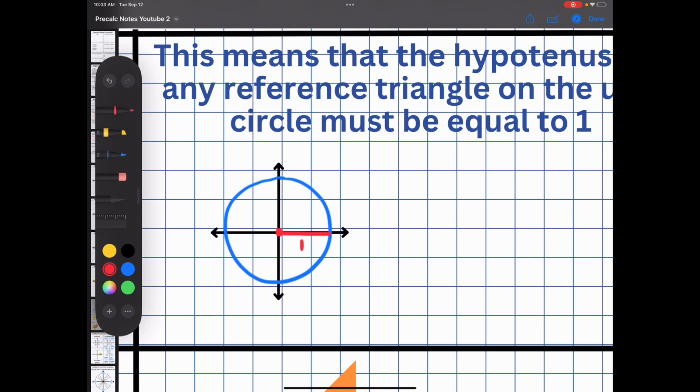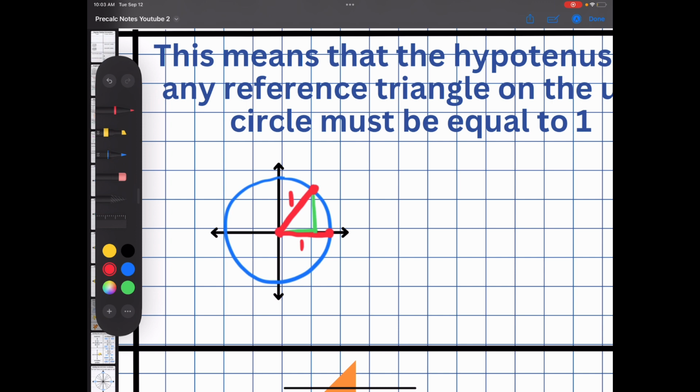If I want to create a reference triangle, I would need to graph an angle, connect it toward the x-axis, right? And it's telling me that the hypotenuse, which is this distance on my triangle, is also the same as the radius. So the hypotenuse needs to be equal to 1.